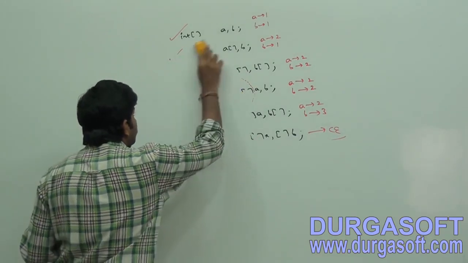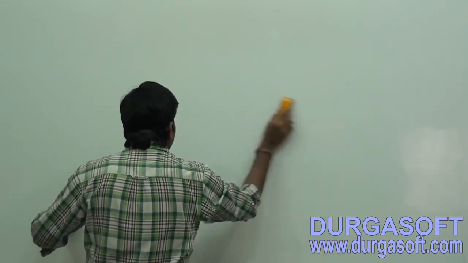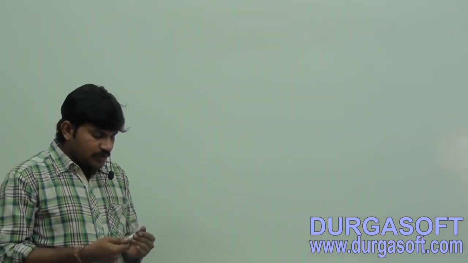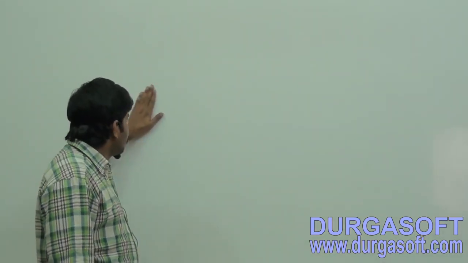If we want to specify the dimension before the variable, that facility is applicable only for the first variable in a declaration.